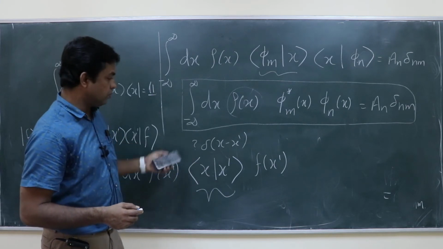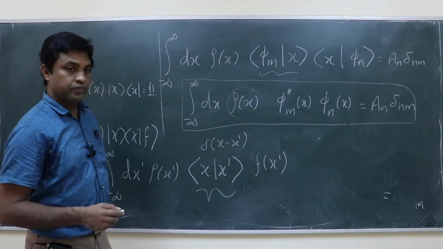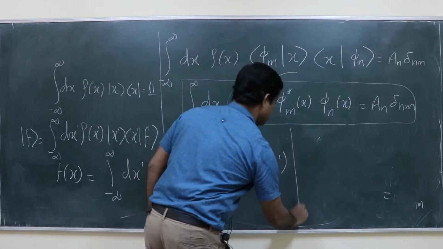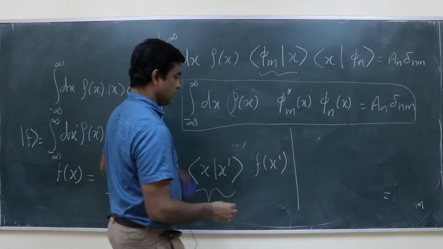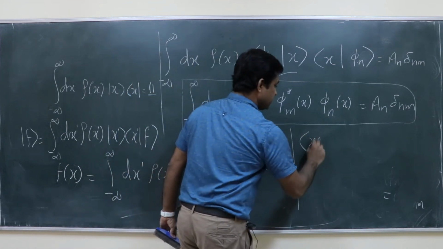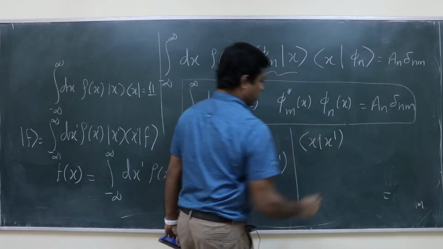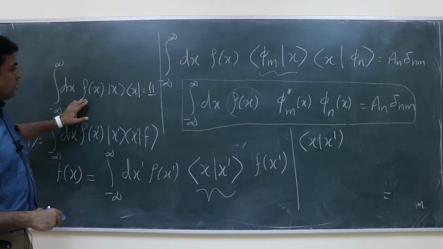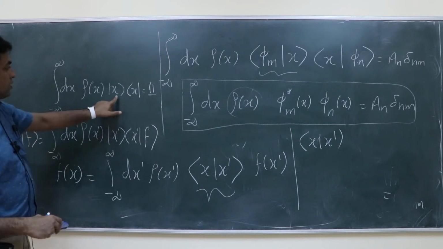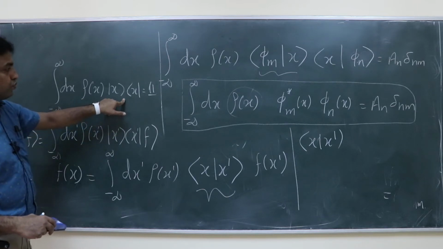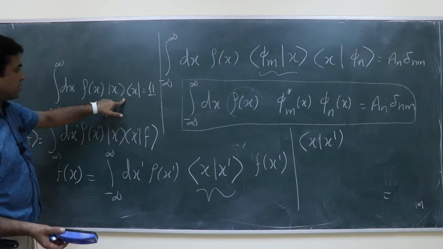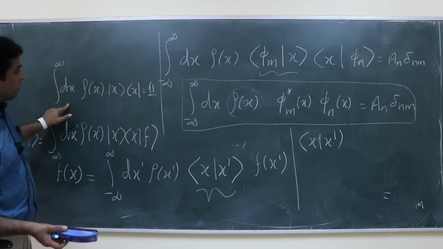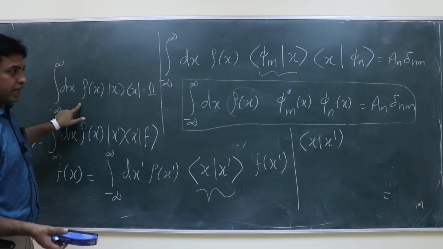This is equal to, you can have different options. So one option is, see, we have now moved to a different space where the ket x form a basis and its completeness relation is given like this, where a weight function has been added.